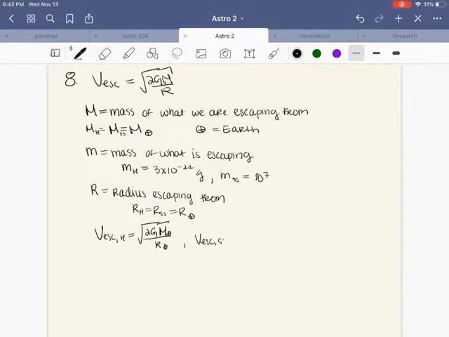For the space shuttle, √(2GM/R) again, we've got the mass of the Earth and the radius of the Earth. These are the same, which is what we expected.